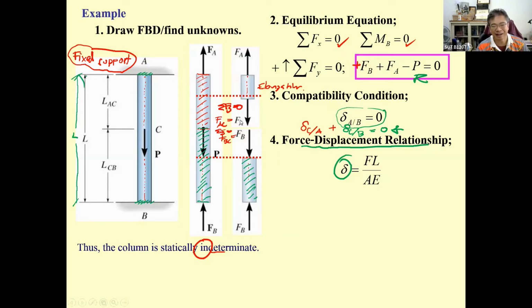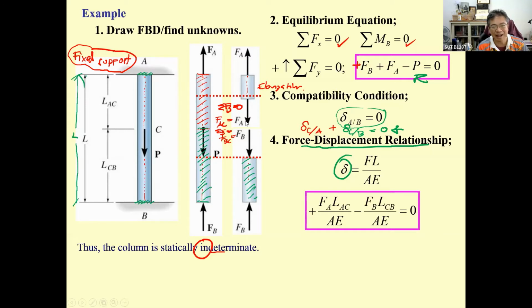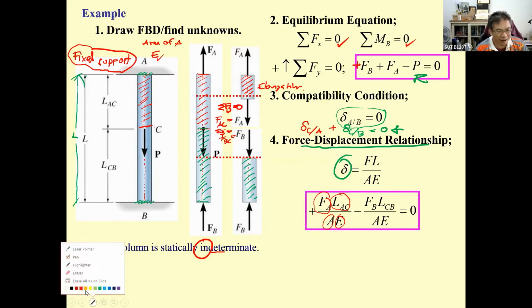And now, this is going to be F sub A. Okay, the red one is going to be F sub A, and then this portion is L sub AC, the length, divided by A and E. This means all the column has the area of A, both portions, and has the same modulus of elasticity E. So you consider the next one, the second portion is in compression.